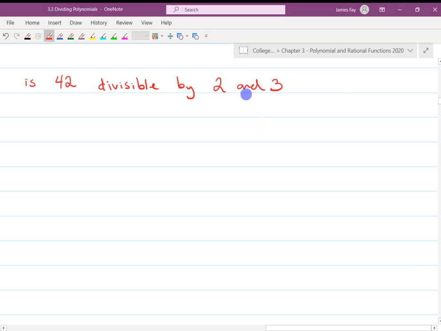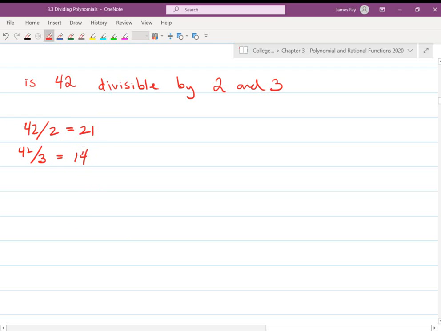Okay, you've got a couple options. You can say, oh, well, 42 divided by 2 gives me 21, right? And 42 divided by 3 gives you 14, right? And because those were whole numbers, that meets our definition of divisible.